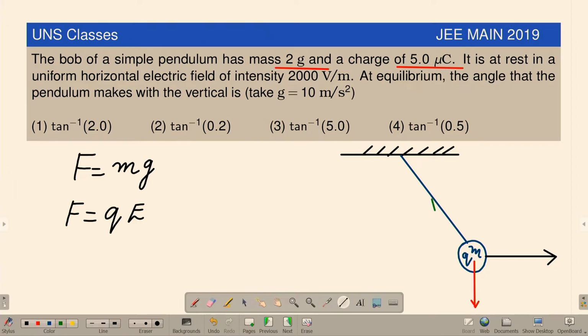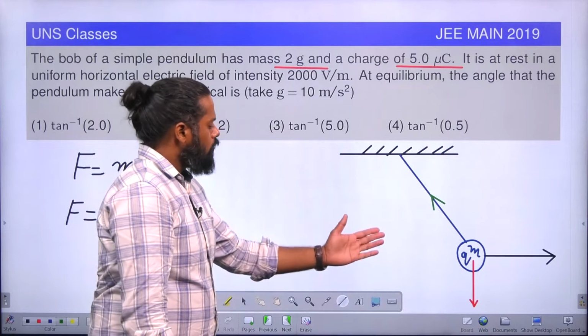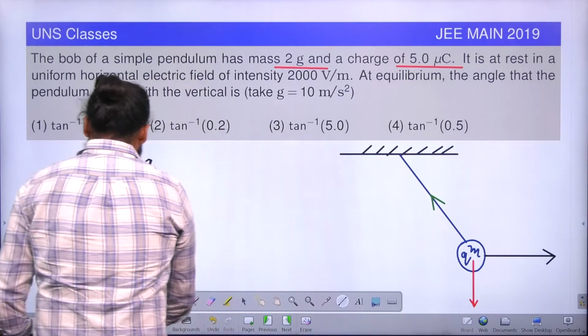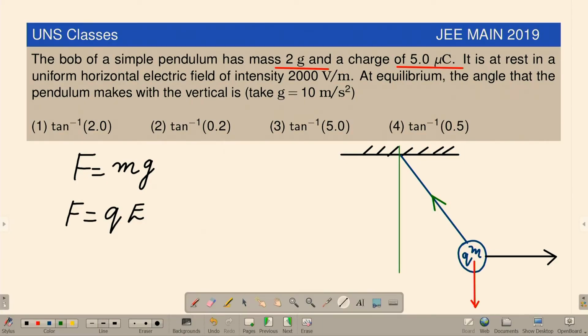The charge, mass, electric field, everything is given in this case. Now, with the vertical, assume this is the vertical, we can say there will be some angle here. Assume this is theta, and this is also theta.